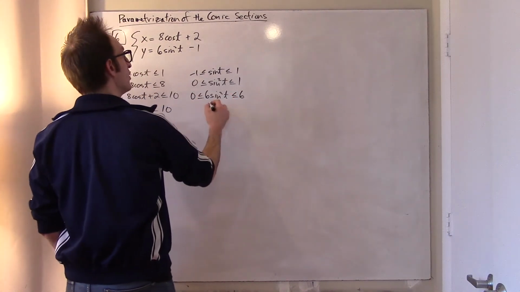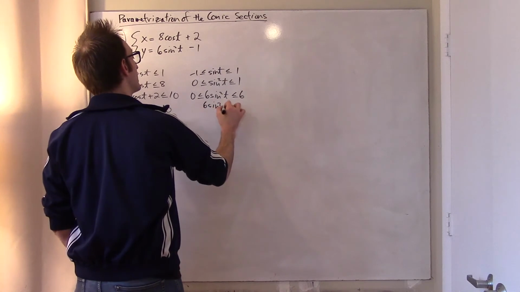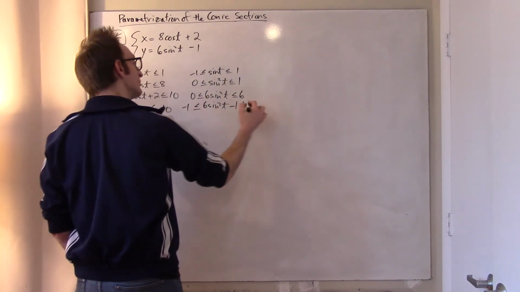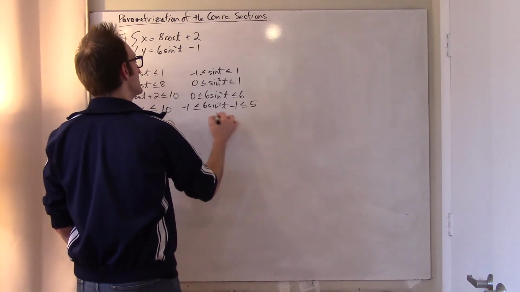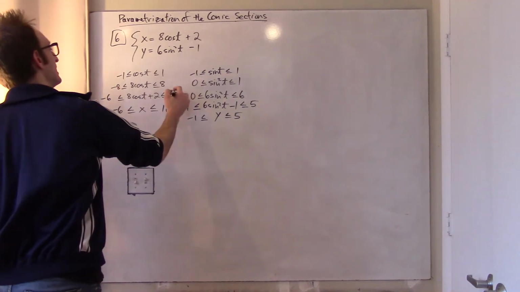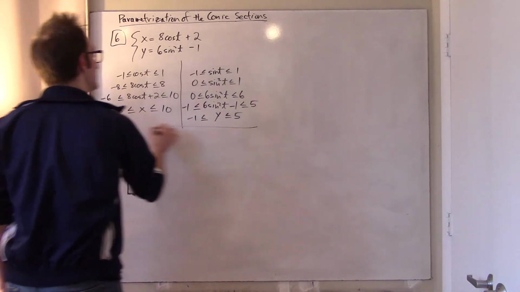And so 6 sine squared t minus 1 is always going to be between negative 1 and 5. So y is going to be between negative 1 and 5. Perhaps you could have done some of that just in your head. But anyway, there it is.